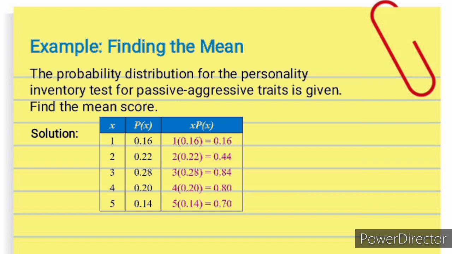So now we use the formula for mean, which is equals to the summation of x times the probability of x, such that we will first solve x times P of x.